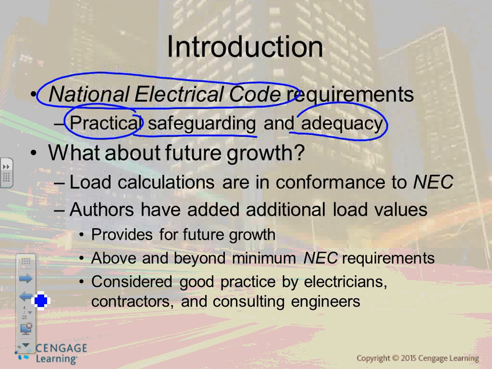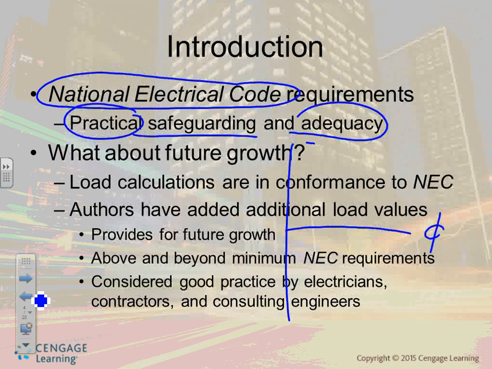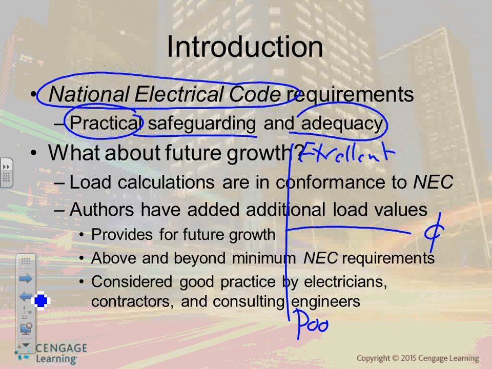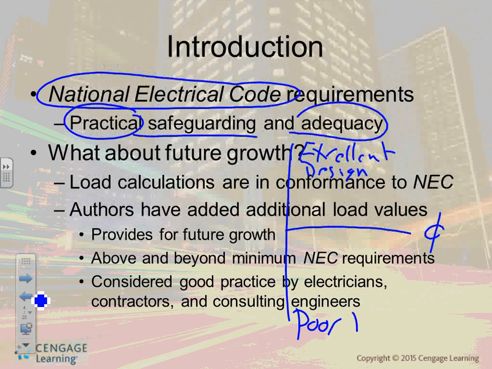I have a friend of mine who always says, guys, you're designers, you're not electricians. So when you work as a designer, remember the reference point here: 0. Here's the scale: this is excellent, this is poor. Excellent design, poor design.